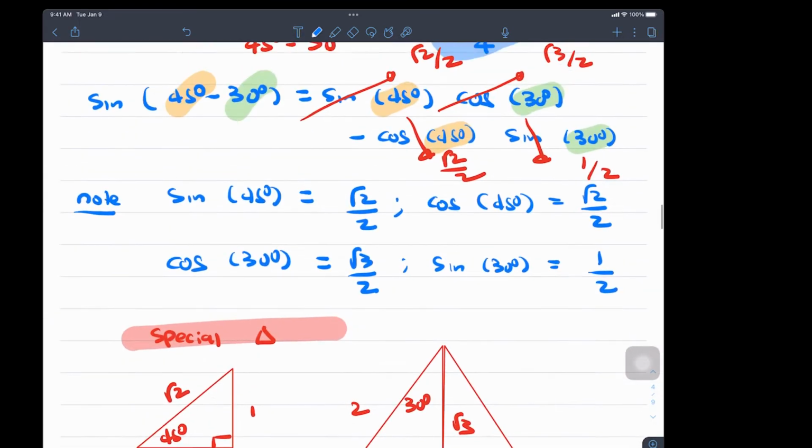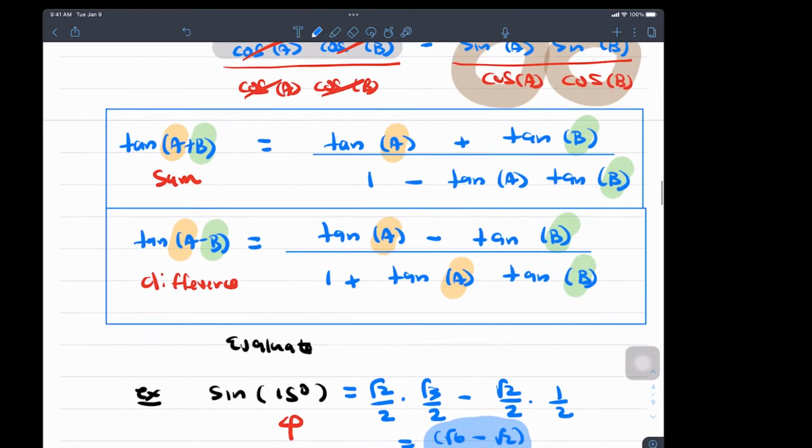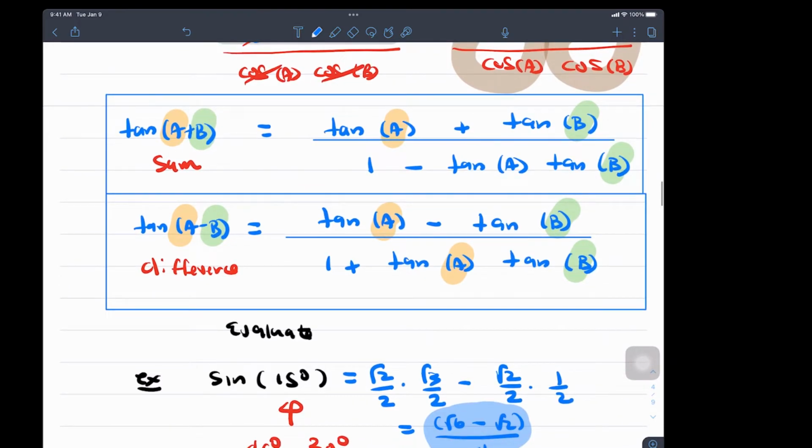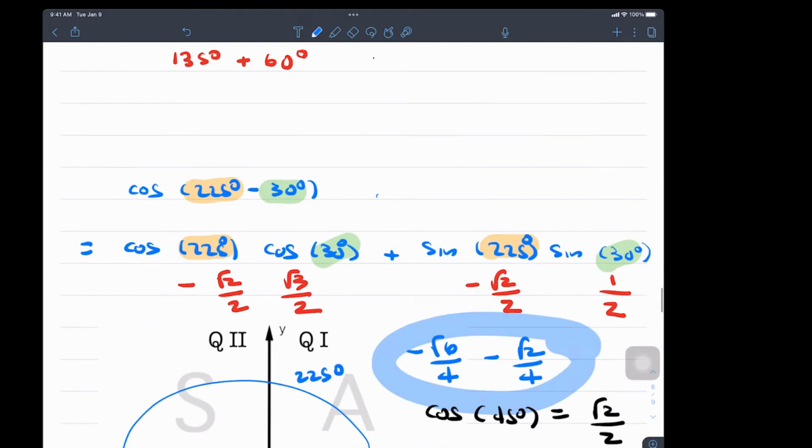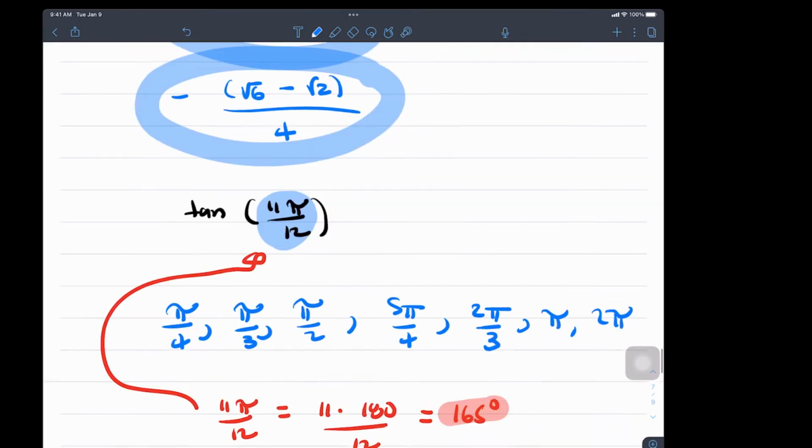So I go back. And remember, on a test, am I going to give you that formula sheet? Yes. So you have the formula sheet on your test. Okay, you don't have to memorize this one. Tangent A plus tangent B over 1 minus tangent A tangent B. So I'll give you the formula sheet.